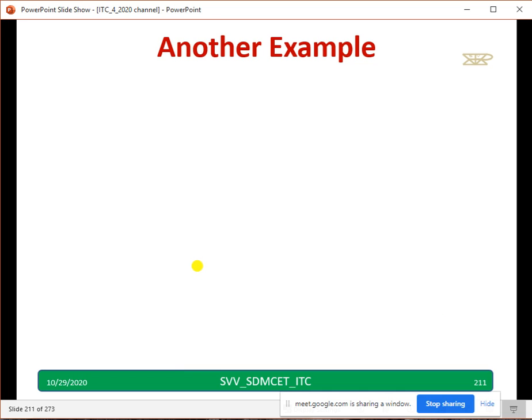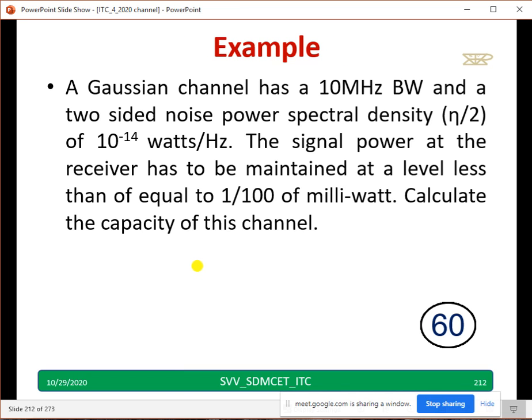Let us take another example. A Gaussian channel has a 10 megahertz bandwidth and a two-sided noise power spectral density, N0 by 2, of 10 raised to minus 14 watts per hertz.